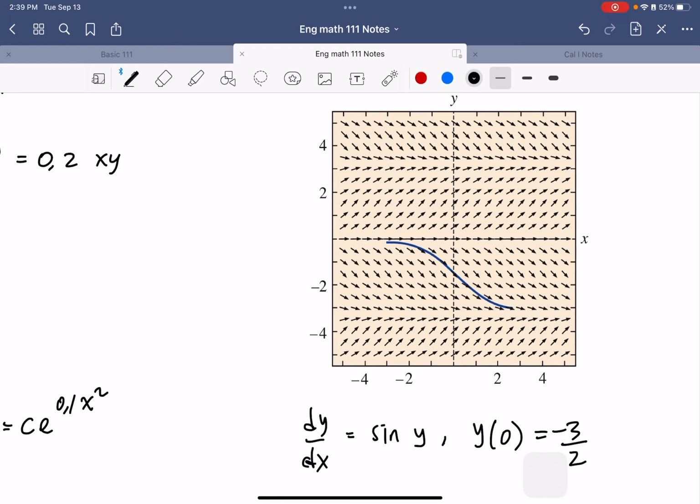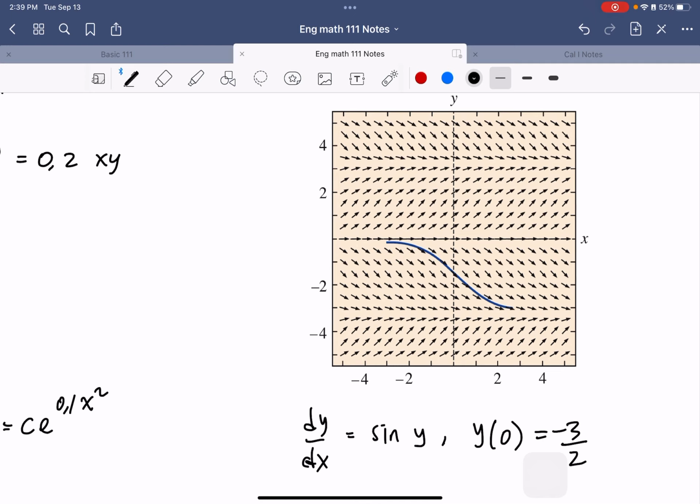There's no x here. So the only change that can happen is on the vertical axis, right? When we have only y in the differential equation, we call it an autonomous differential equation.